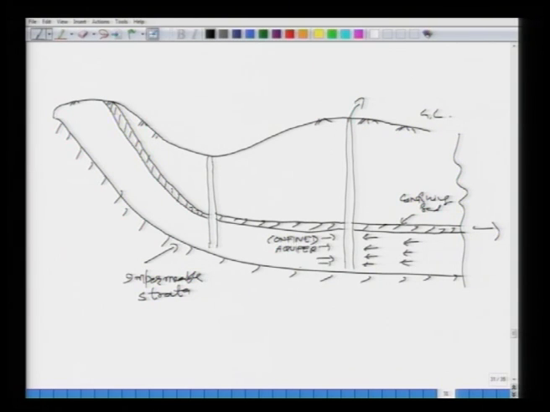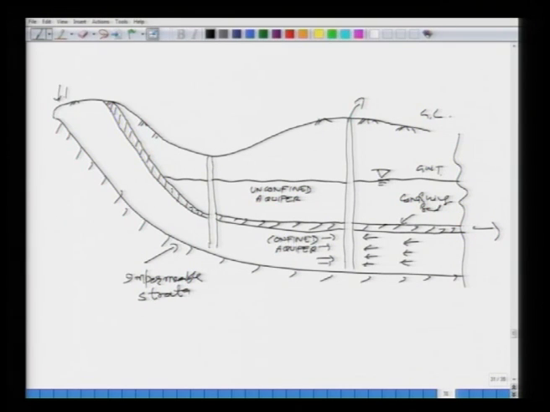And then you say that you have the groundwater table, there is an unconfined aquifer somewhere down there. This is your groundwater table. So, what is this? This is the unconfined aquifer.